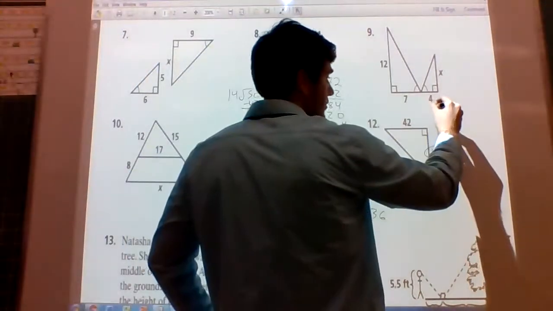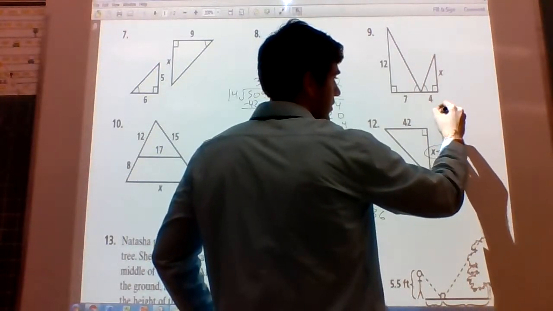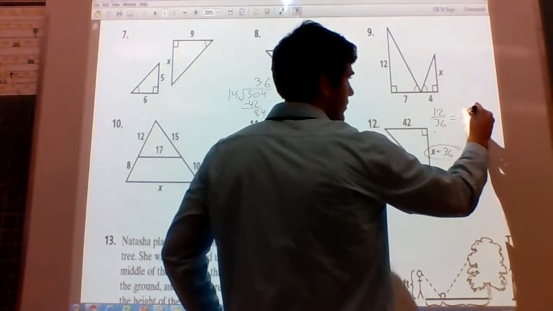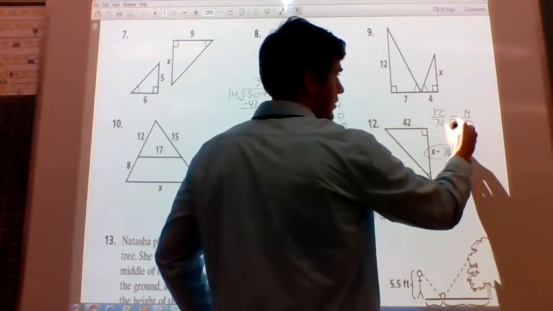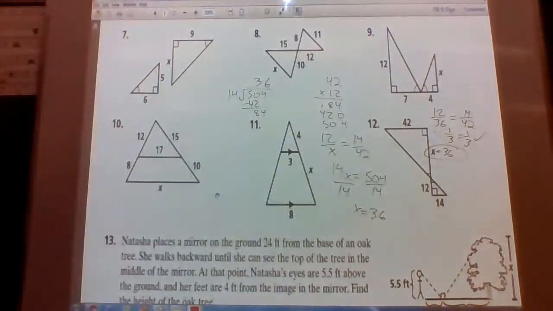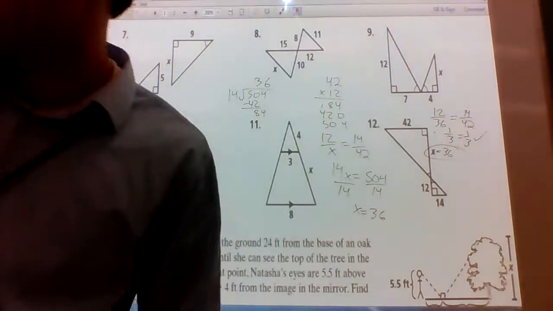So 12 over 36 should equal 14 over 42. 1/3 should equal 1/3. Yep. So x is 36.